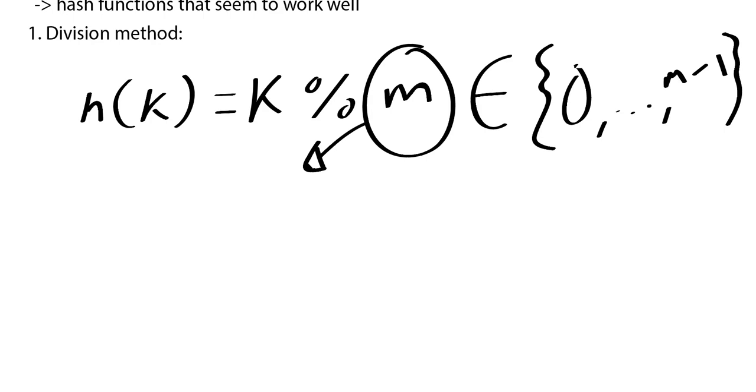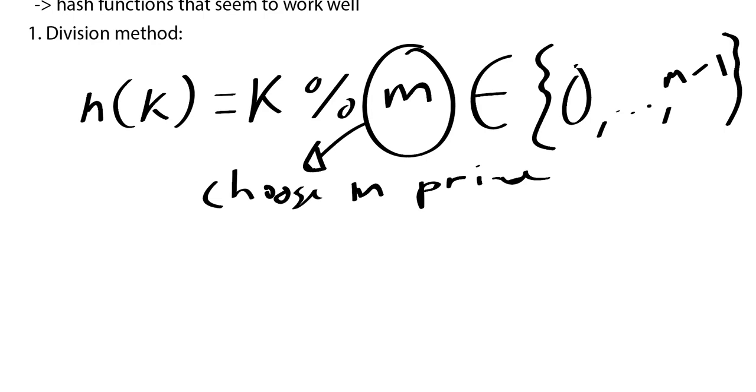So we have another heuristic, which is to choose m to be prime. If m is prime, then our hash function will perform somewhat better than if m is something like a power of 2.